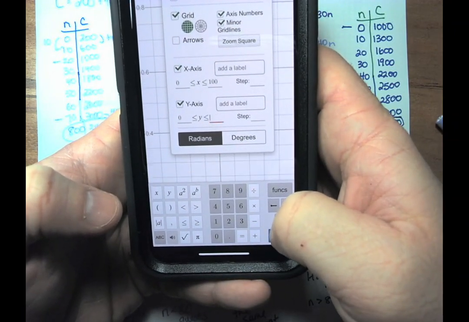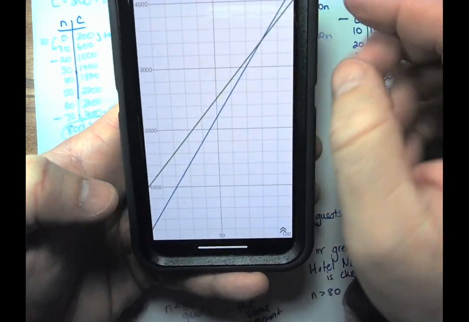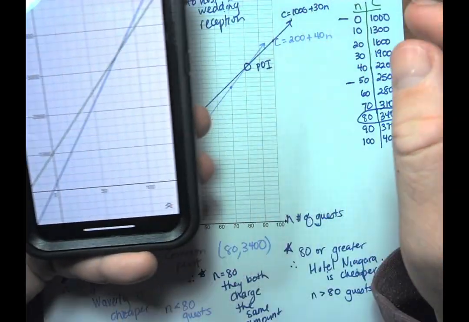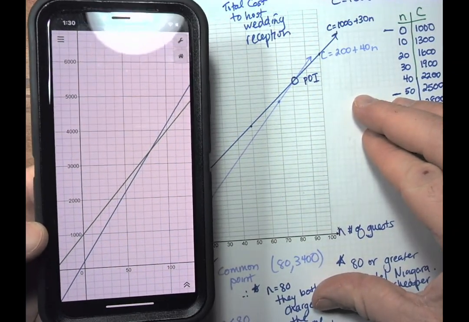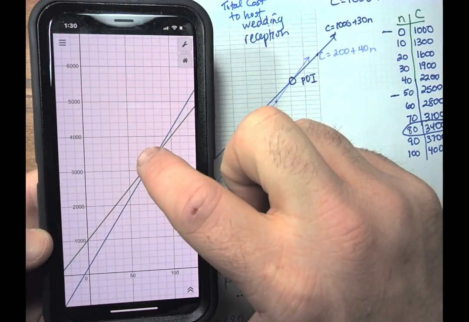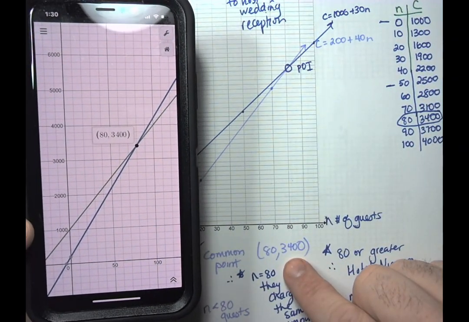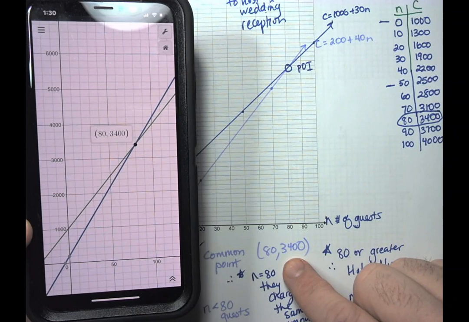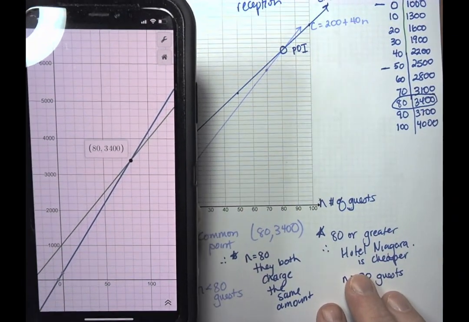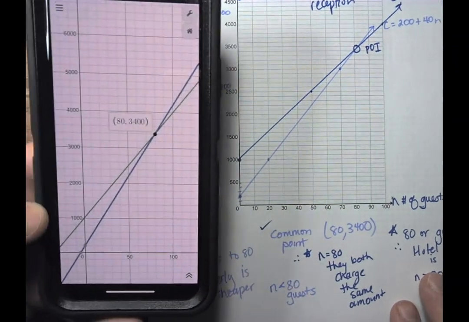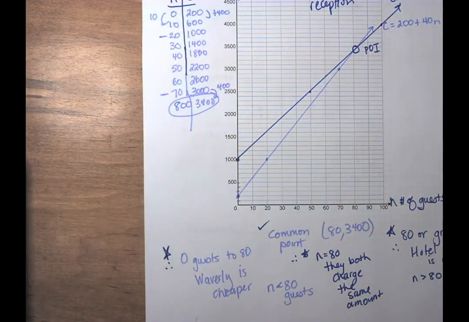Helps to delete everything else. All right, and lo and behold, if I look at that graph and I look at that graph, bang on. And if I just tap the screen, it gives you my point of intersection. I'll leave that up there for a second. So pretty neat, but allows you to visualize that.